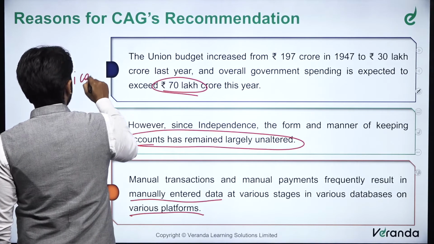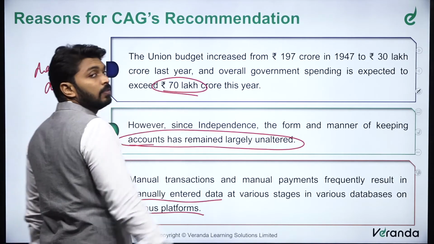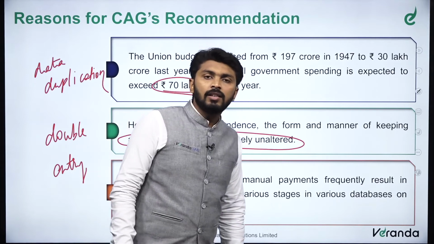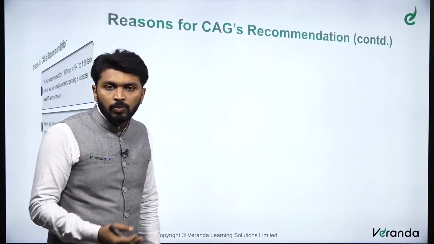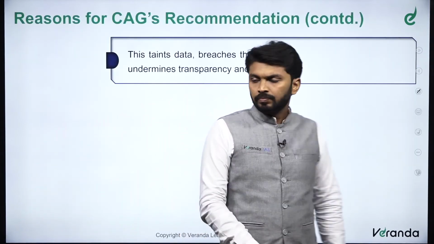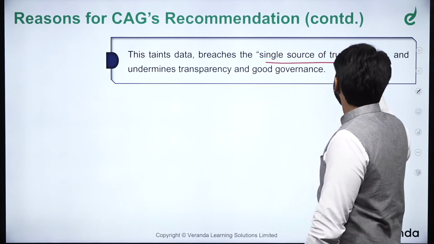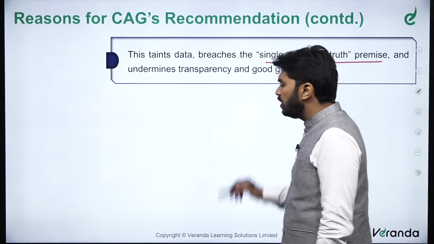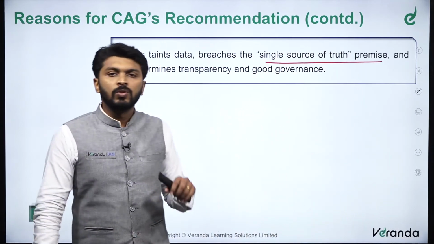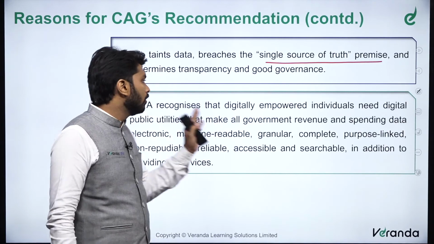This can be eliminated if digitization is carried across various departments and ministries. This taints data, breaches the single source of truth premise, and undermines transparency and good governance. So this manual entry does all this.